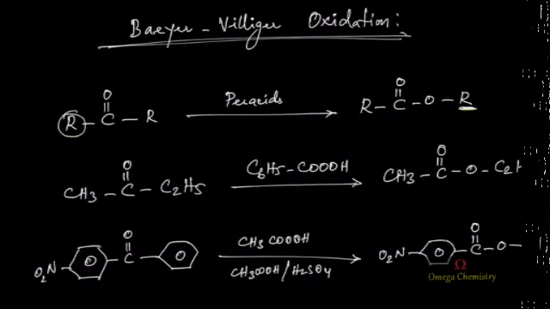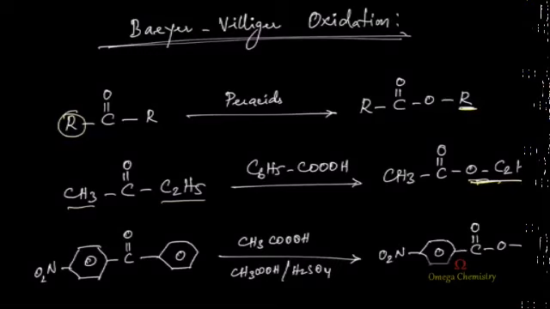When we see the next case, we will understand that better, because we have an unsymmetrical ketone. I have a methyl group and an ethyl group. Here the ethyl group will preferentially migrate, so that is the reason why the methyl group is attached to oxygen. This is an easy way to interpret the product, right?